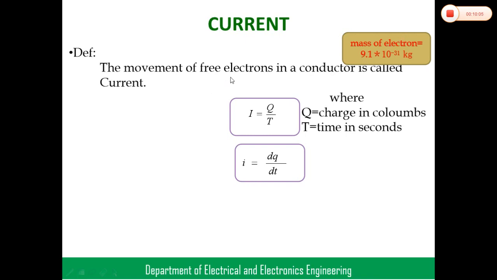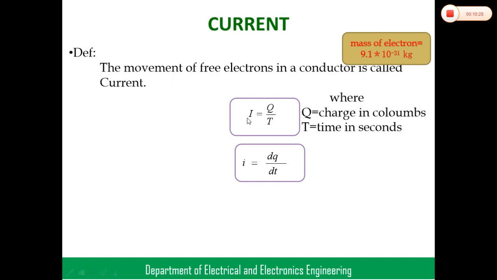That's why, to move the free electrons, we require only a very low voltage. Even if you apply 0.1 volts, we can move the charged particles, that is, free electrons. So the movement of free electrons in a conductor is called current.